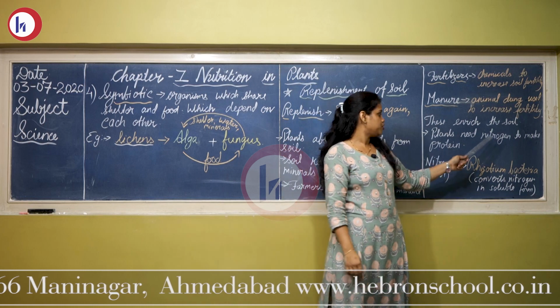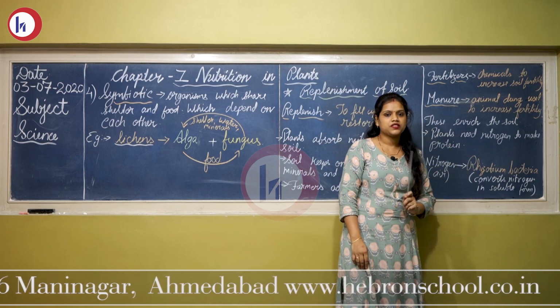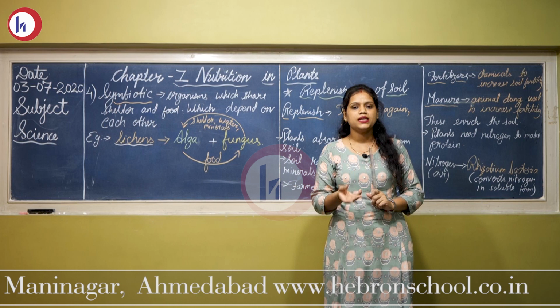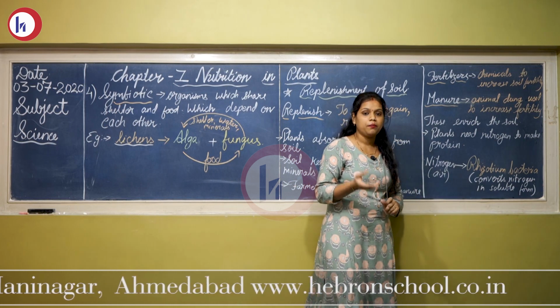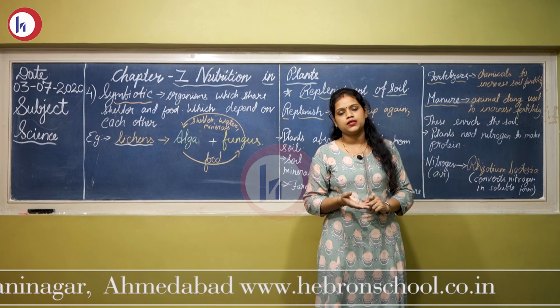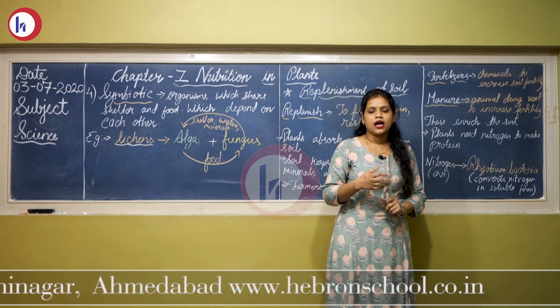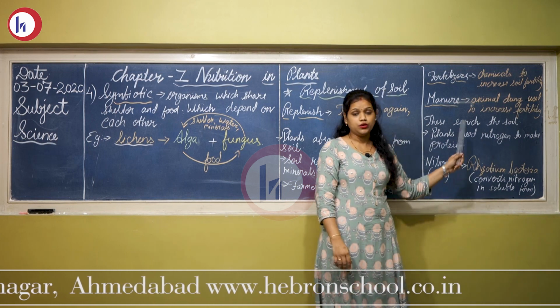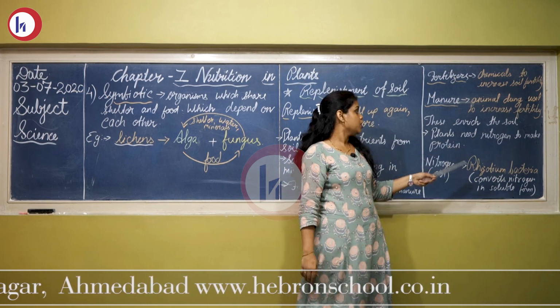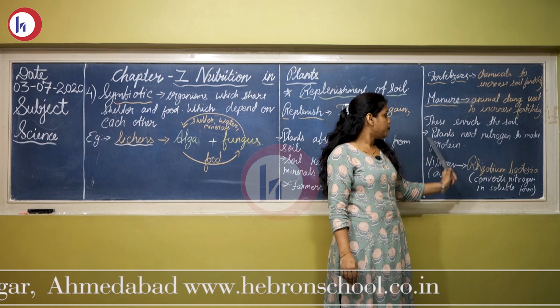Plants need nitrogen to make protein. We studied in the first video that plants need nutrients. In the process of photosynthesis, they make carbohydrates, which are converted into starch. In the same way, plants also need nitrogen as a nutrient, for proteins.